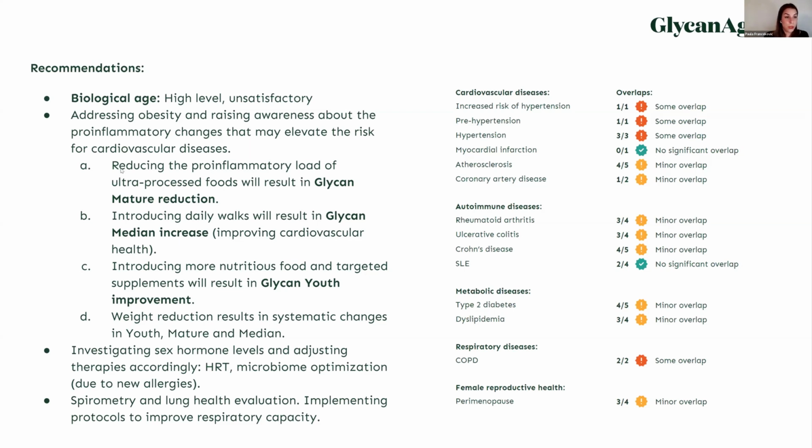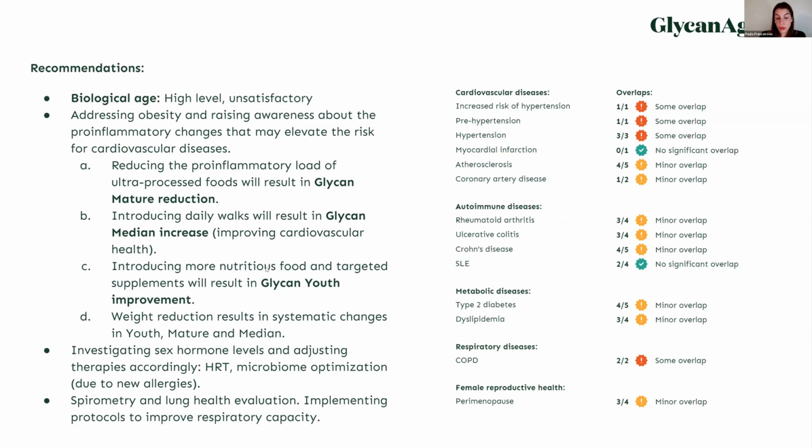Also, what we know is that, for example, reducing the pro-inflammatory load of ultra-processed foods will result in glycan mature reduction, and the introduction of daily walks will result in glycan median increase, which is beneficial. And we know that lower glycan median levels are associated with poor cardiovascular health. And we know that intake of ultra-processed foods is high, so this is probably the main driver of the pro-inflammatory shifts.